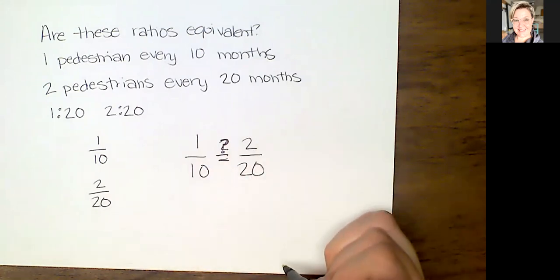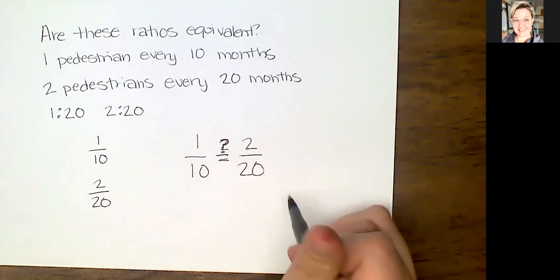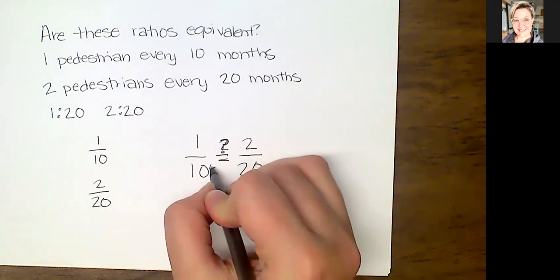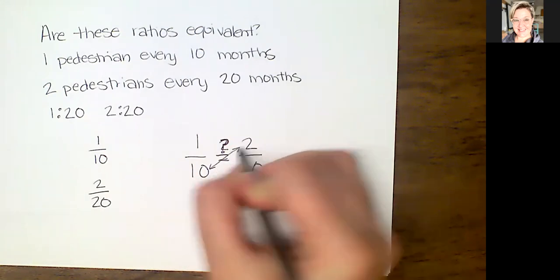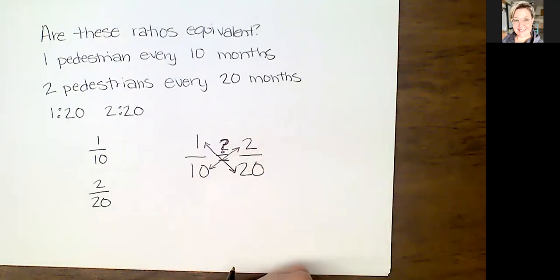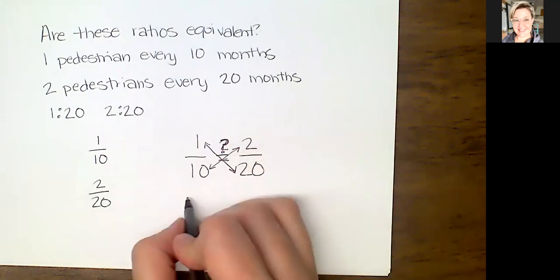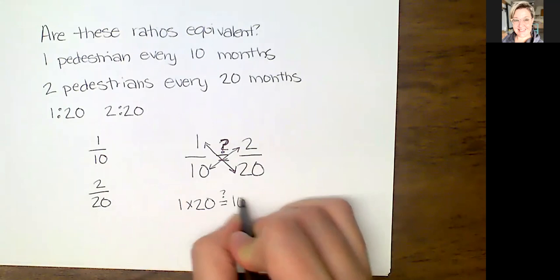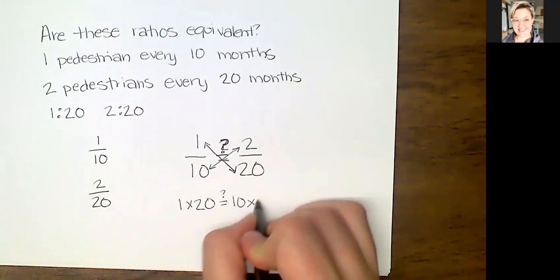So what we're going to do is cross multiply. So I'm going to multiply diagonally, 10 times 2 and 1 times 20. Okay, so the first thing I have is 1 times 20, and is that equal to 10 times 2?